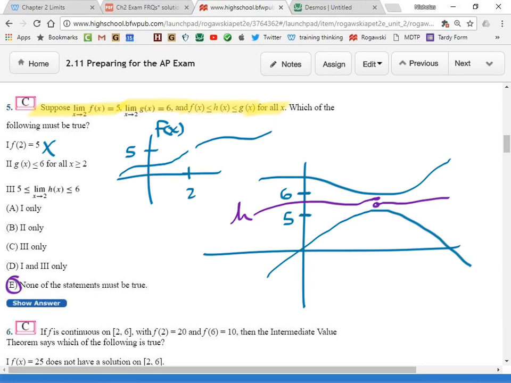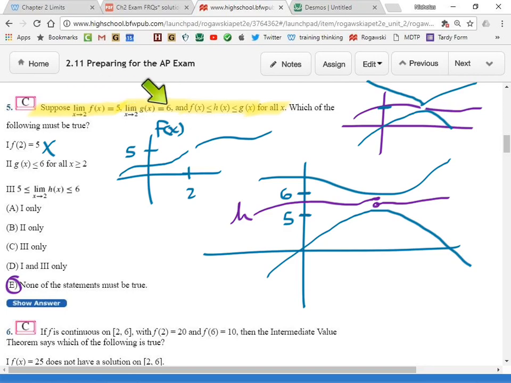To clarify, the squeeze theorem says that if you have a function and you don't know what's happening with the function at some point, let's say it's undefined right there, but you know that the upper function is always above it and the lower function is always below it, and if they all equal the same limit, then we know for a fact that the limit of the middle function would be the same as the other two.